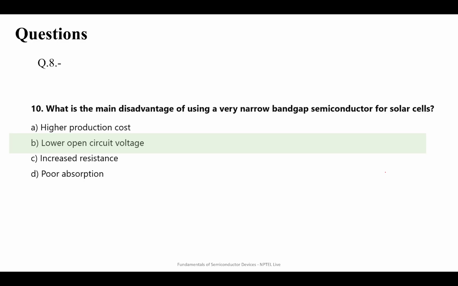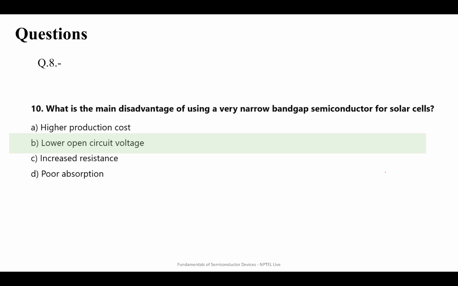So what does a solar cell do? It is taking in sunlight, right? What is the sunlight spectrum? The spectrum is divided into three parts, sir: IR, visible light, and UV. Yes. And how is your photon absorption related to your band gap? Sir, energy equals hc by lambda, so lambda equals hc by energy.